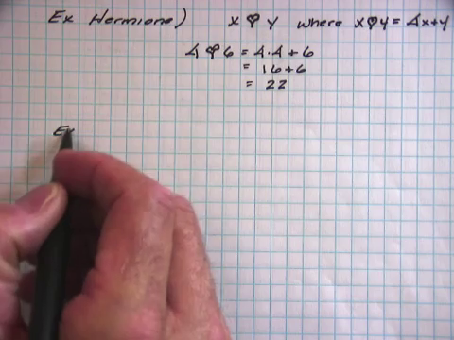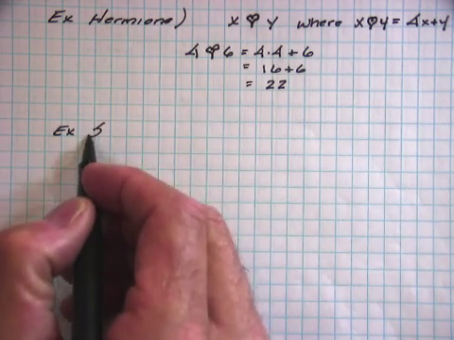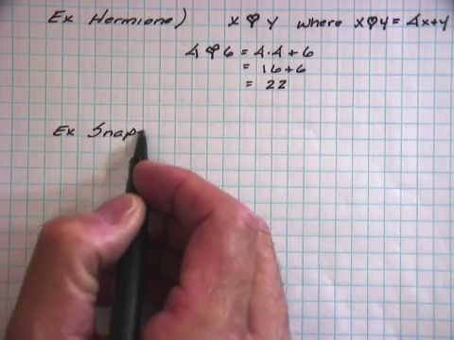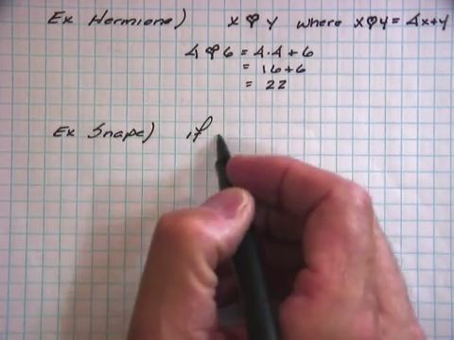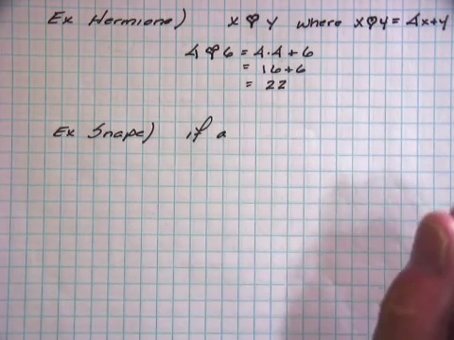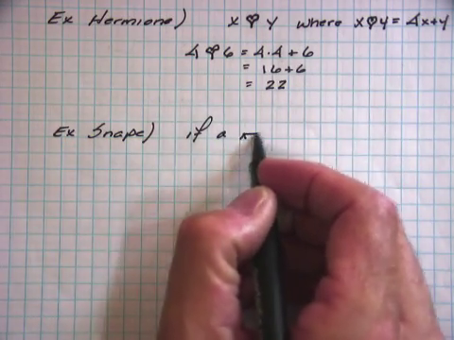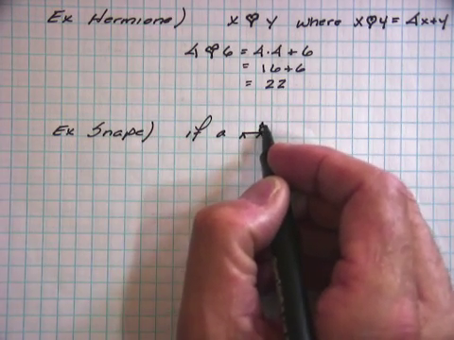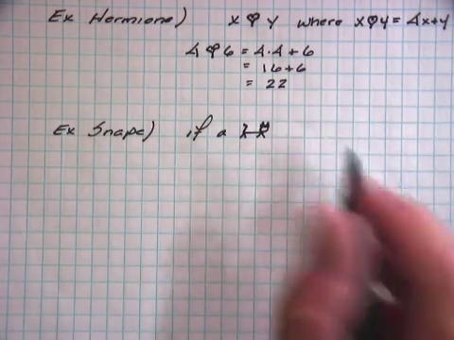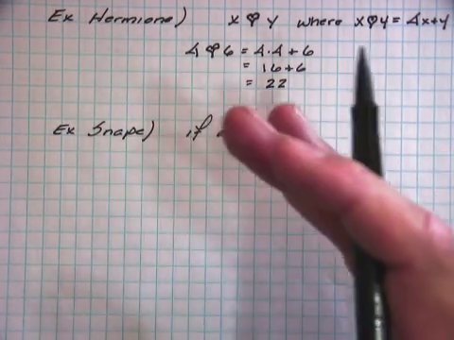Let's take a look at another one. Example, okay, I need a good character from Harry Potter. Let's do Snape. Okay, so example Snape. If a, I need a symbol. Oh, here's a good one. Hopefully you can tell that's a cat.